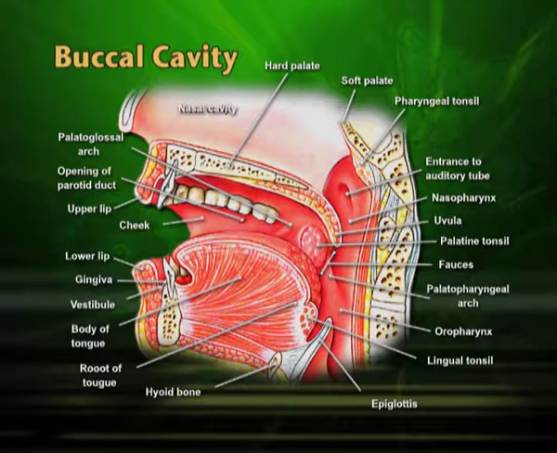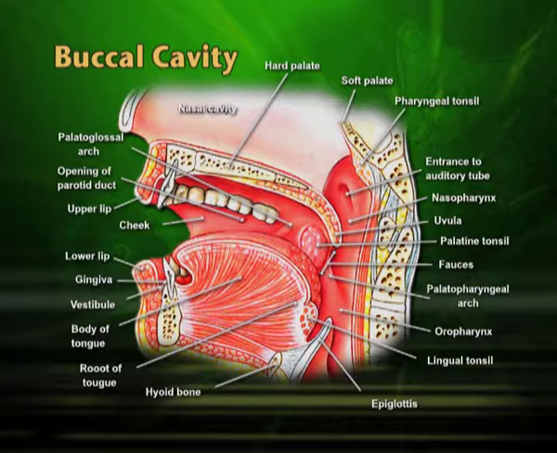Nose is continued as trachea and mouth is continued as esophagus, and both are moving parallel to each other. They reach inside of buccal cavity at one point at pharynx together. Pharynx is the area or the part in the buccal cavity which is common for both the passages. Food will also pass through it, air will also pass through it.